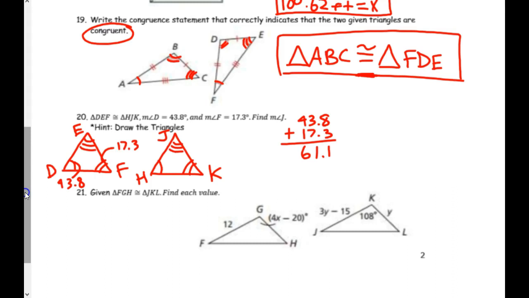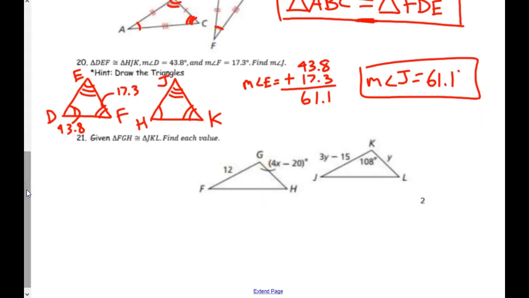So 61.1. So if 61.1 is angle E, then that means the measure of angle J, which is congruent, is also going to be 61.1 degrees.